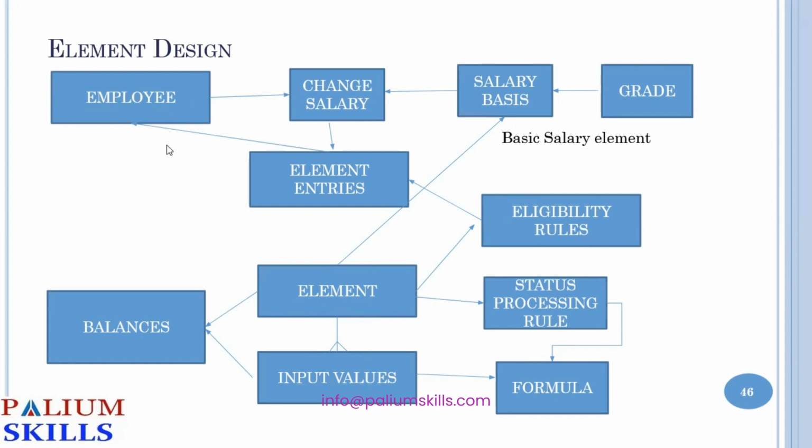Okay, based on the employee's employment date, the workforce structures, you will find them in the element entries. Also when we do that change salary, there is a salary basis over there. So that salary basis is linked with the grade, and grade is linked with employment. So that is how all of these things tie up together.